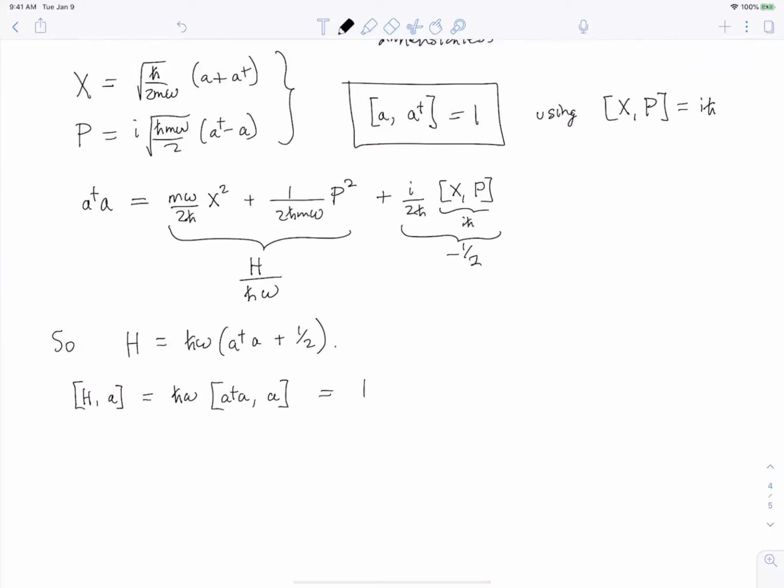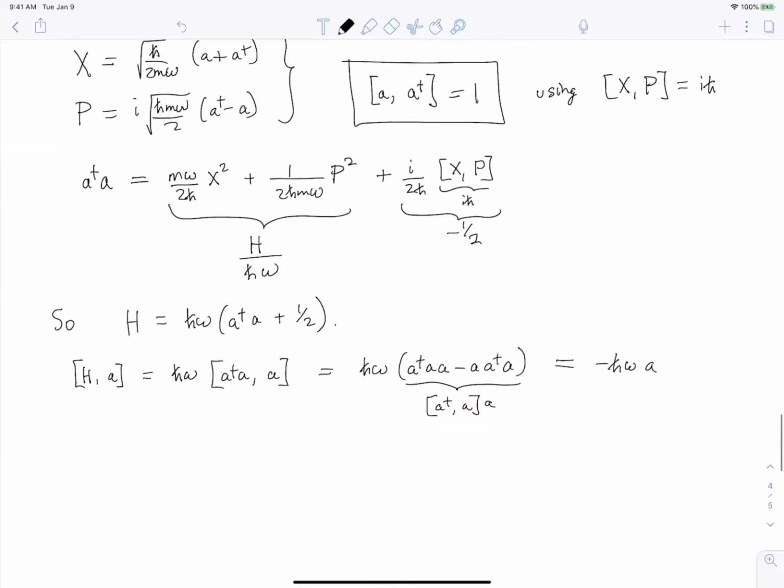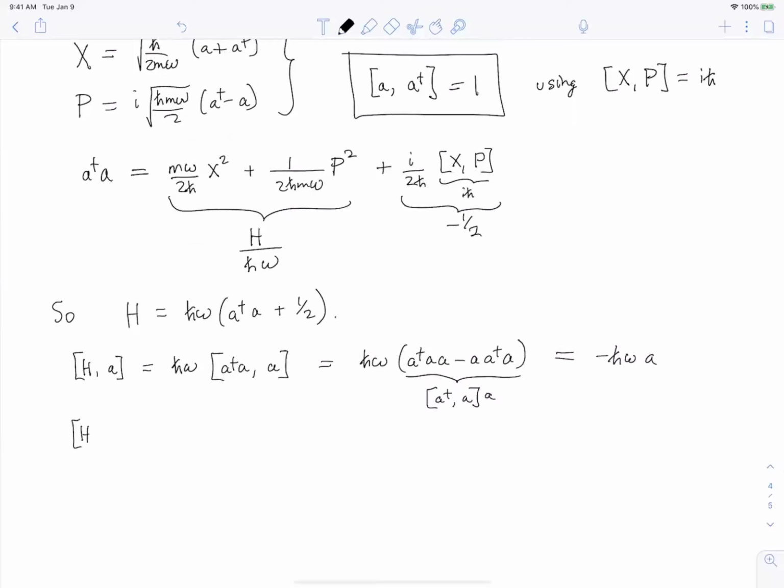And so we can write this as h bar omega times A dagger A A minus A A dagger A, which arranges as the commutator of A dagger with A, which we know, times A. And so that works out to minus h bar omega times A. It's also useful to know the commutator of H with A dagger. You can do that the same way, or you can take the Hermitian conjugate of the previous equation, and that works out to h bar omega, without a minus sign, times A dagger.